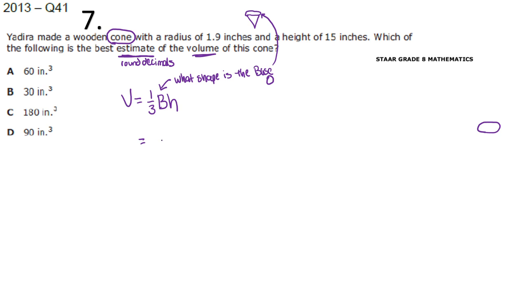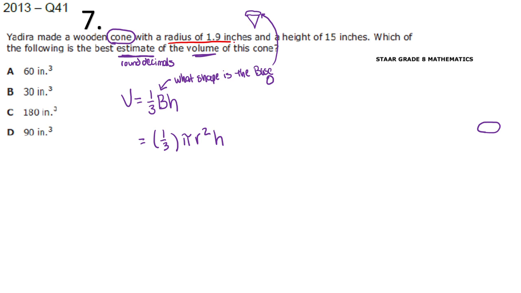Alright, so let's finish off this formula. It's 1/3. Sorry, I didn't mean to put a parentheses there because we don't know what those numbers go in yet, so we're just going to write pi r squared h. I don't like to put parentheses here until we know what the r is and what the h is. So if we keep reading the question, it says the radius right there.